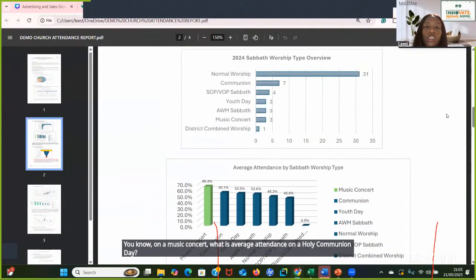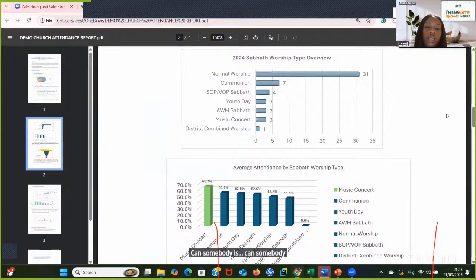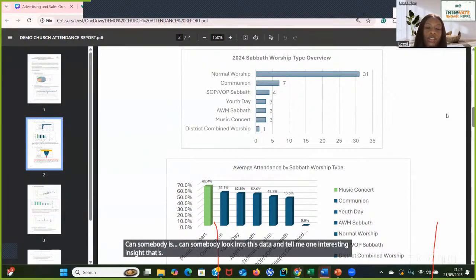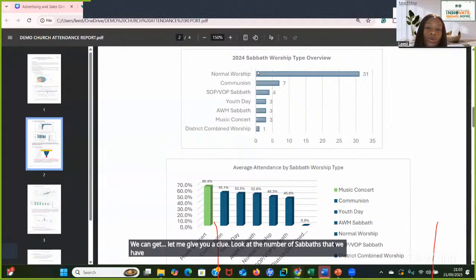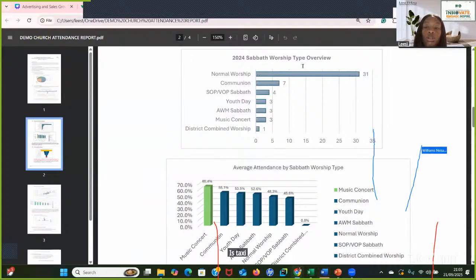Can somebody look into this data and tell me one interesting insight that we can get? Let me give you a clue. Look at the number of Sabbaths that we have. Normal worship is 31. There are 31 Sabbaths in 2024 that were normal worship.